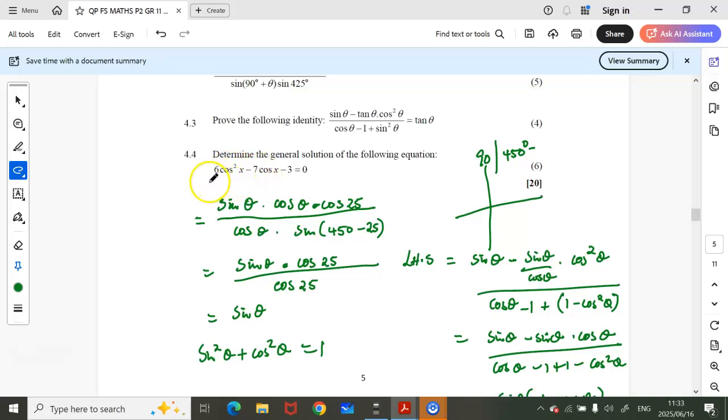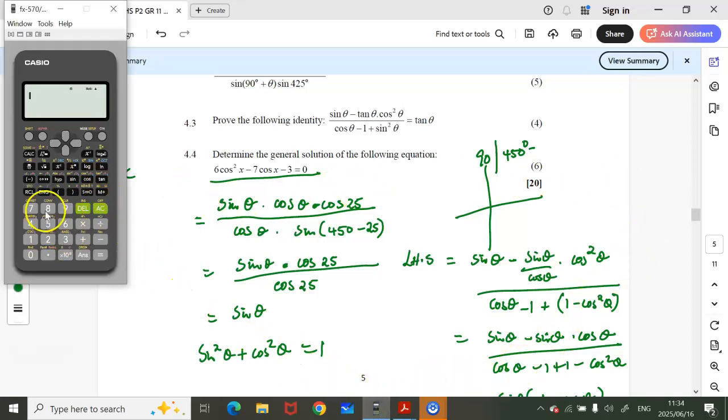This general solution is given in a quadratic formula in this form: ax squared plus bx plus c. Therefore, we are going to use the quadratic formula, meaning a is 6, b is minus 7, and c is minus 3. We substitute directly into our calculator. Let's quickly do that. Remember, our quadratic is minus b, so it's minus minus 7 right there.